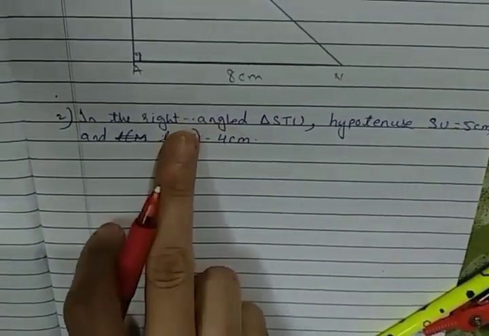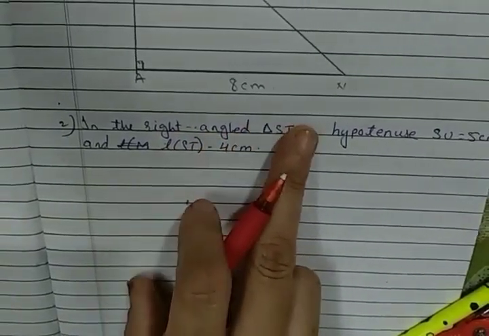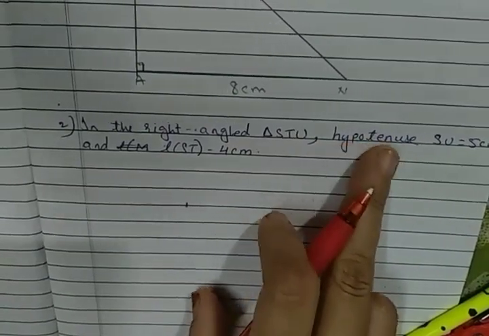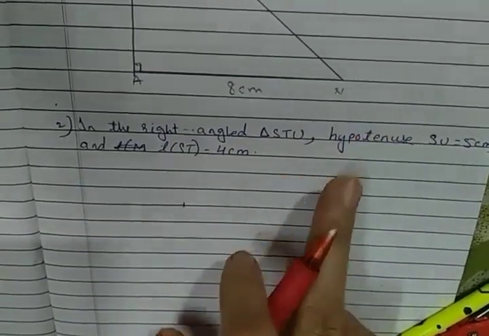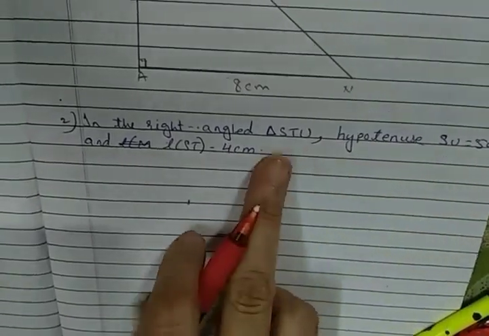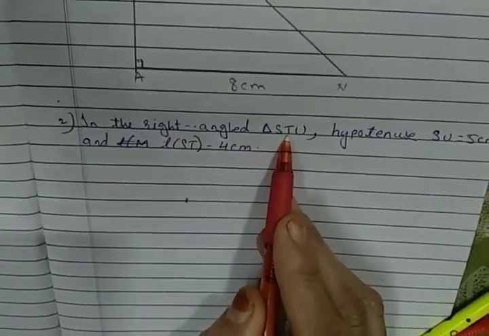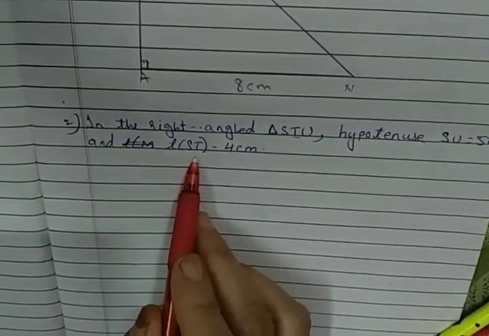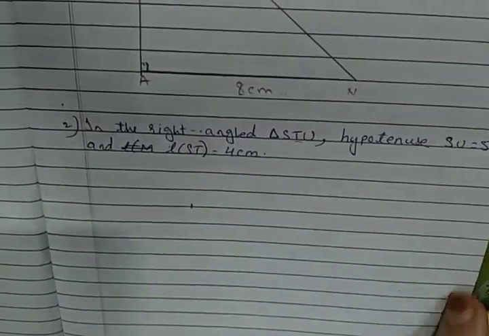Okay. Sometimes it will not mention 90 degree. It is mentioned like this, right angle. And hypotenuse, you know very well. Just now I told you what is hypotenuse. Hypotenuse is SU. So your right angle means 90 degree. T will be 90 degree, and the length of ST is equal to 4 centimeter.